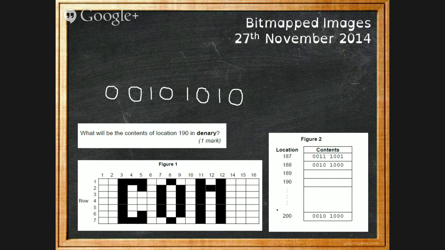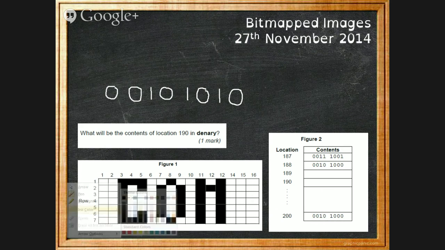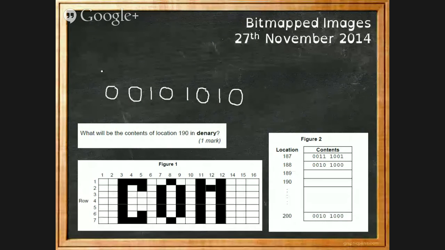So we're back here. Now, the next question, and I'm going to change my ink colour for this. Now you've got your binary number, so you had to get that one right first of all in order to get this mark. What would the contents be in denary?